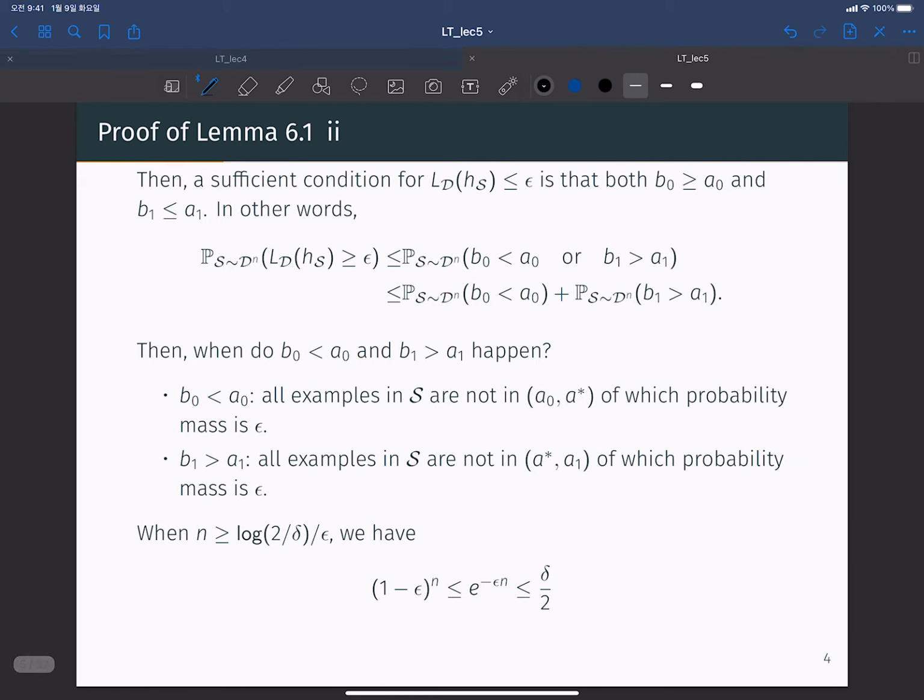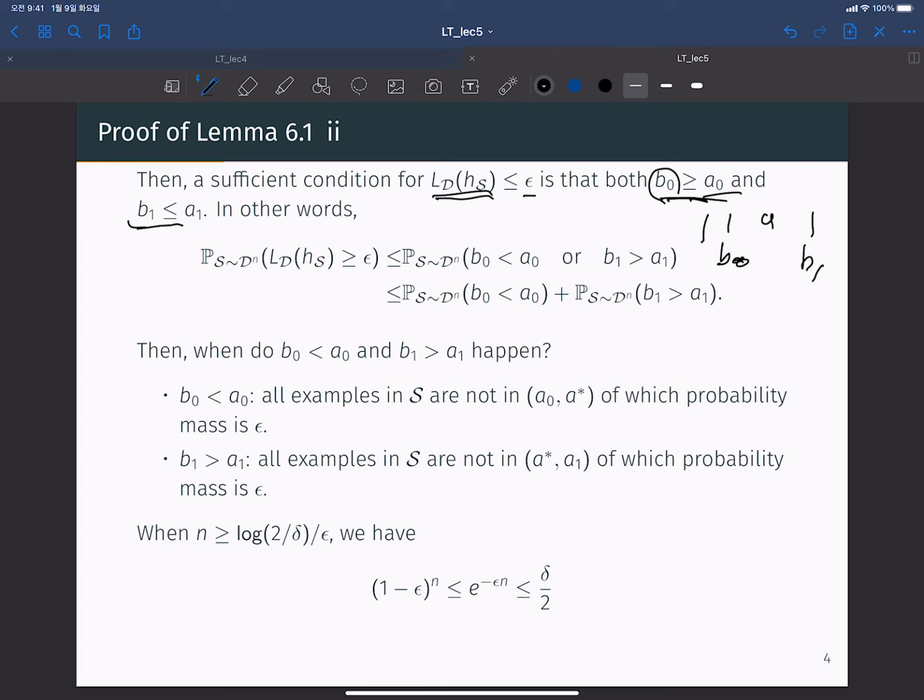Then a sufficient condition for the test error to be smaller than or equal to epsilon is that both b0 is greater than or equal to a0 and b1 is less than or equal to a1. If both are true, then we can guarantee the test error is less than or equal to epsilon, because we can at least guarantee that the ERM rule will have 0 training error with any threshold a in between b0 and b1.